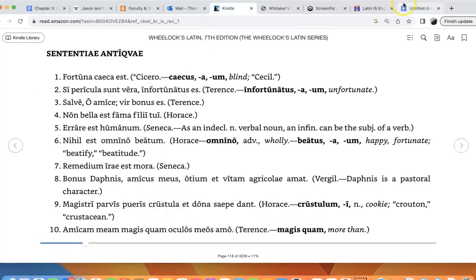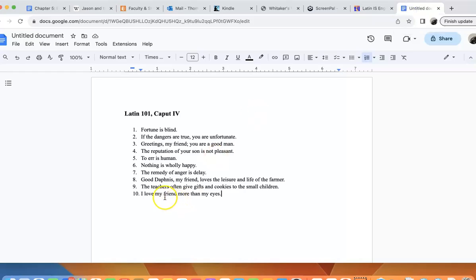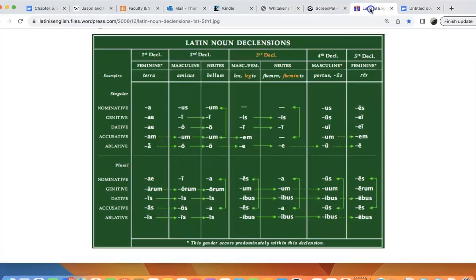But we could change that to I love my sweetheart. Oops, I can type here. More than my eyes, or my girlfriend. You can decide what you want to do here. Now, in case you're wondering, if it were amicum and not amicam, then it would mean male friend. So this is female, generally feminine. This is masculine.